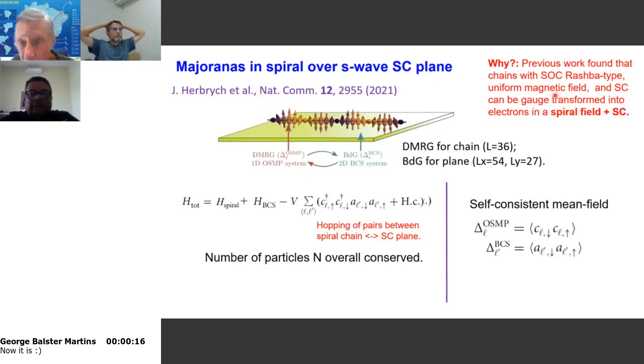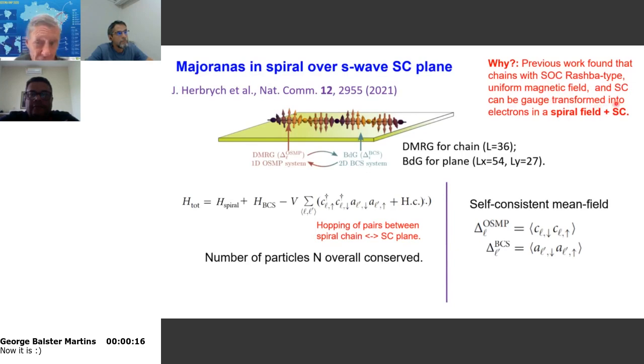And then it has been shown by other people, the people that I cited, I will put the citations next, that if you have a chain with a Rashba spin-orbit coupling, a uniform magnetic field, and the proximity of superconductivity, it can be gauge transformed. This is a mathematical operation that I have done myself. Believe me, it's not too difficult.